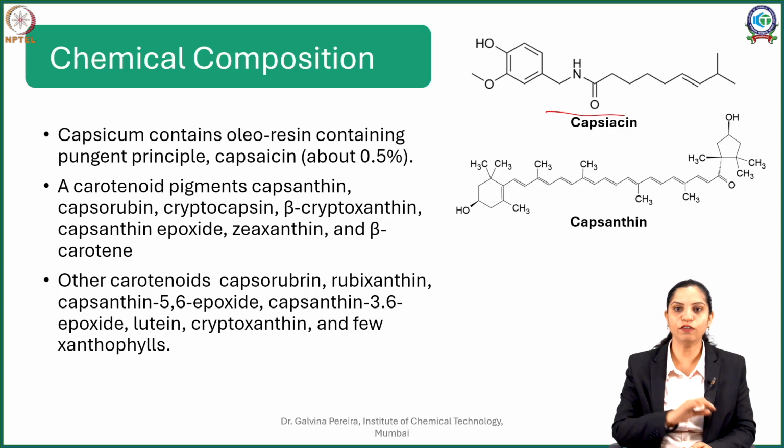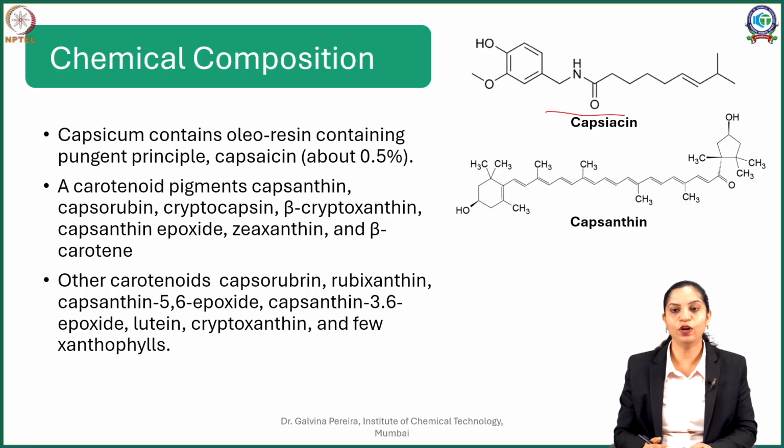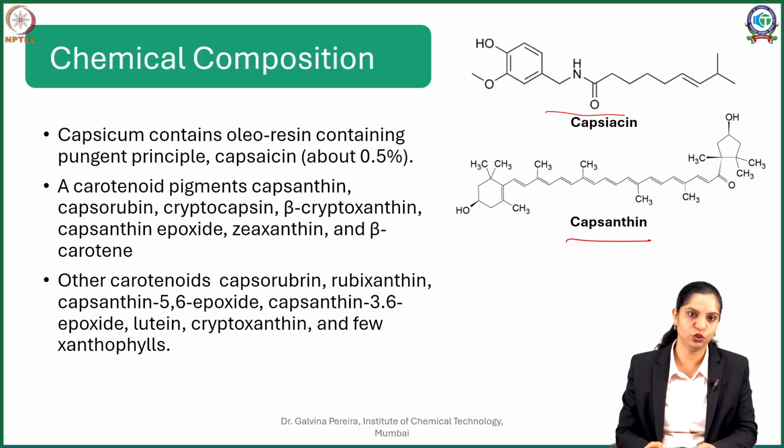The color of chili comes from a set of pigments which belong to the carotenoid class. A good example of a carotenoid pigment present in chili is capsanthin. In addition to capsanthin, you also have other pigments such as capsorubin. Then you have cryptocapsin. In some cases capsanthin, cryptocapsin and cryptoxanthin are often found intertwined, complexed or polymerized with each other.